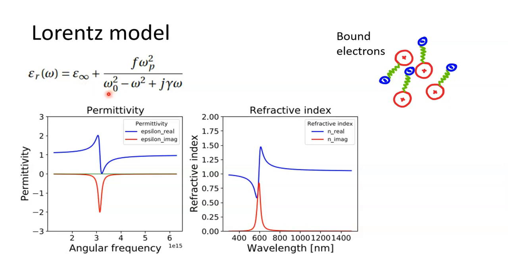In this model, omega 0 is the resonance frequency, epsilon infinity is high frequency limit of permittivity, F is oscillation strength of resonance, gamma is the damping factor of the resonance, and omega p is a so-called plasma resonance frequency, which is related to density of charges.